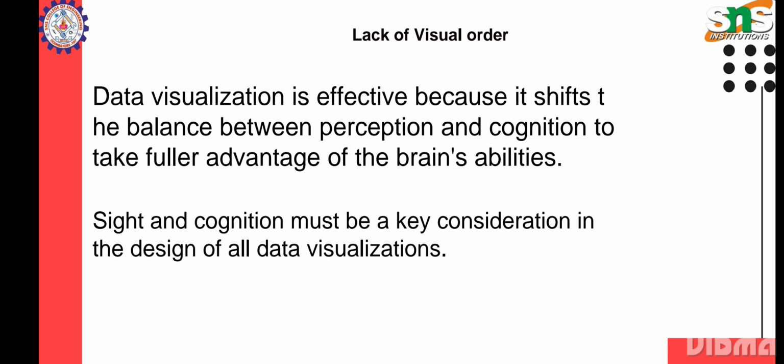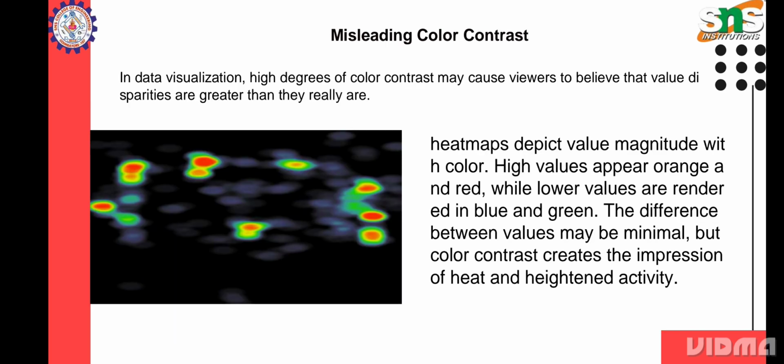In data visualization, high degrees of color contrast may cause viewers to believe that value disparities are greater than they really are. Misleading color contrast is the biggest mistake, a lack of visual order. In this heat map, value magnitude is despite color: high values appear orange and red, while lower values are rendered in blue and green.